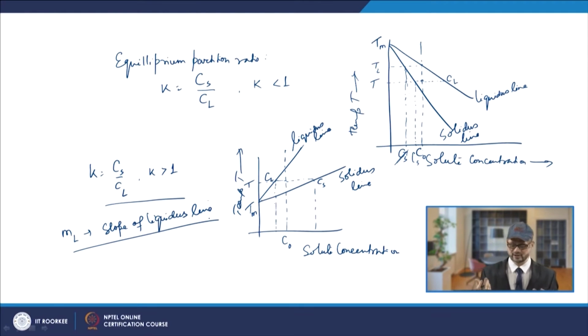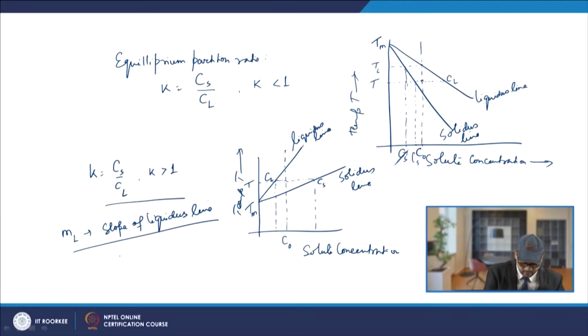So, you can have the expression for the temperature T on the liquidus line: T will be Tm plus ml into Cl. That is how you can calculate T in any case.